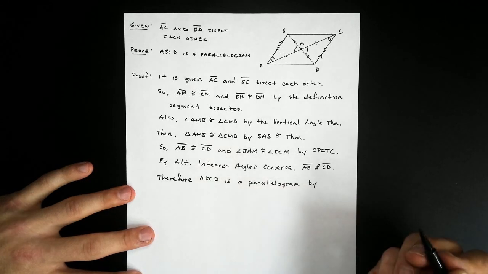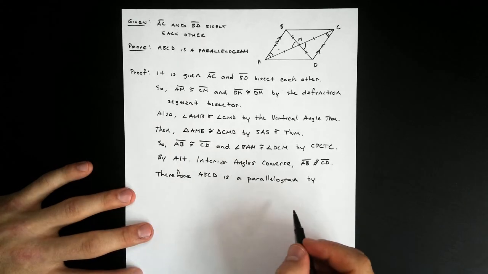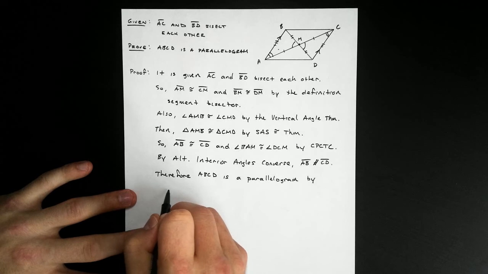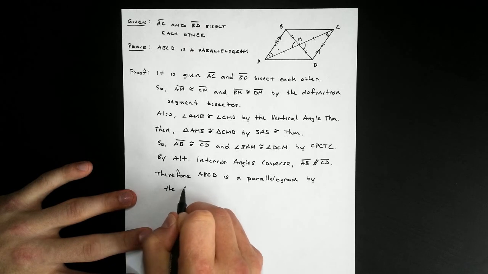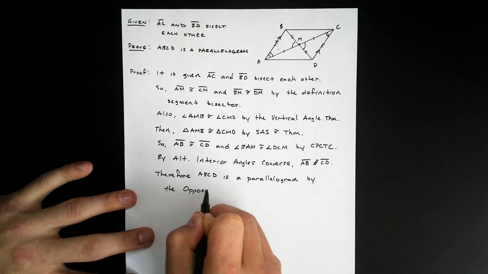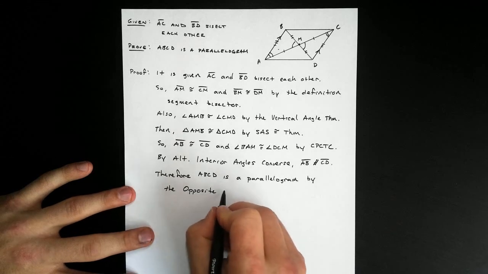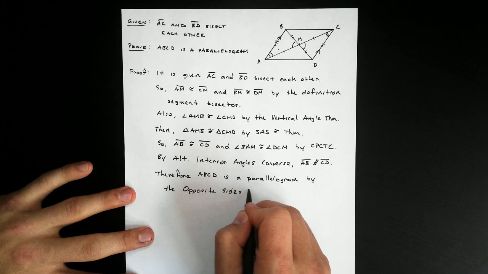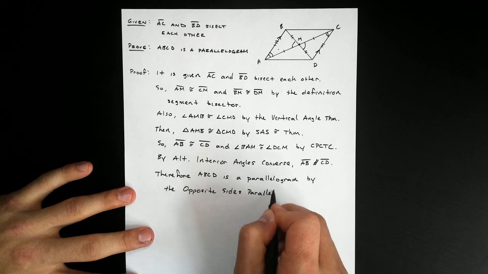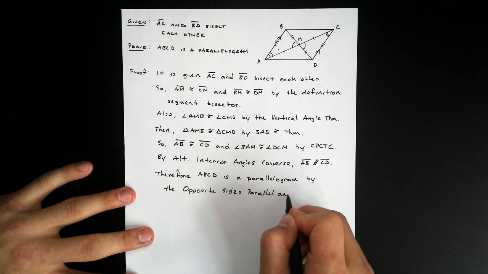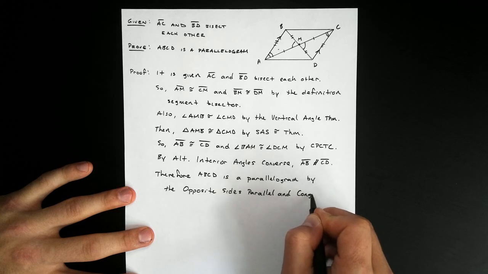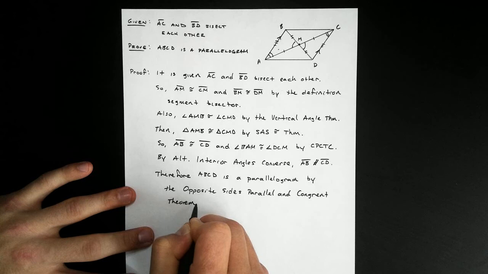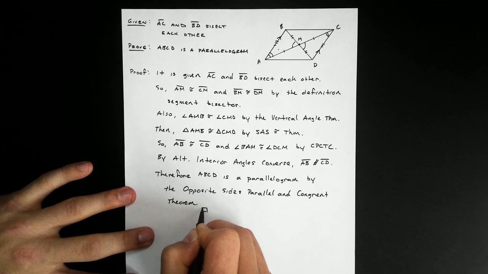And the theorem that we just proved that shows that is the opposite side parallel and congruent theorem. So one pair of opposite sides is parallel to each other and congruent to each other. And that's what we wanted.